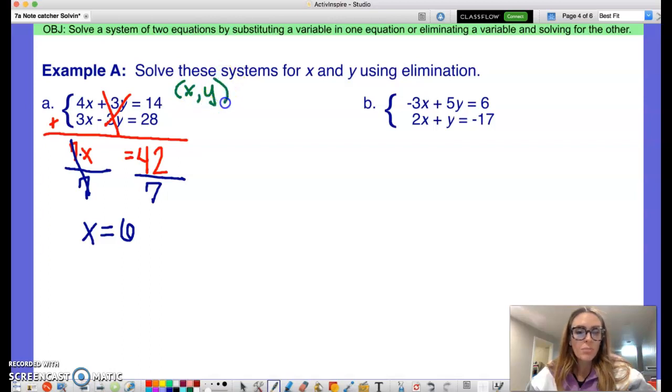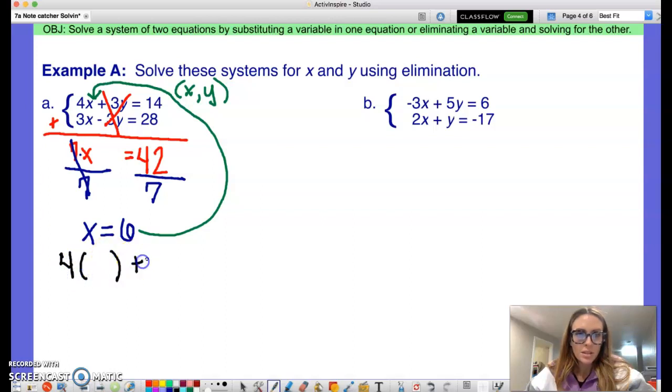We're solving for a point. So we've got to pick one of these equations, it doesn't matter which one, and plug this 6 in for the x. Okay, so I'm just going to write my equation down. I have 4 times something plus 3y equals 14. Now, really what I'm plugging in there is what I found here, my 6.